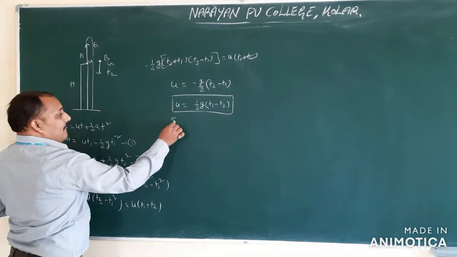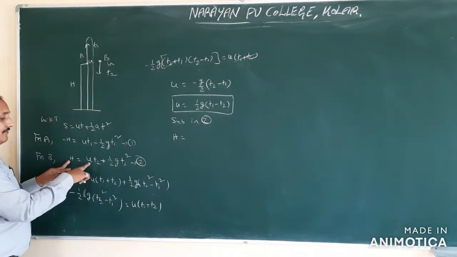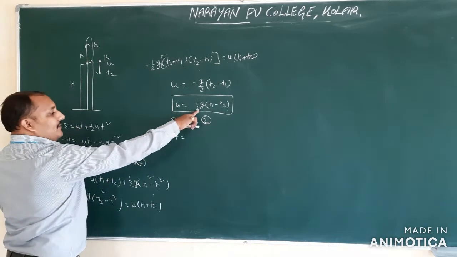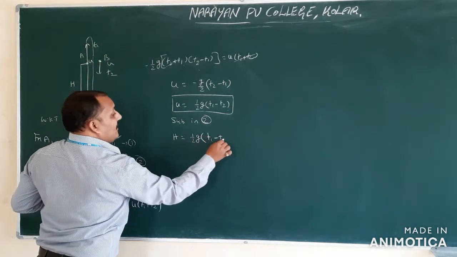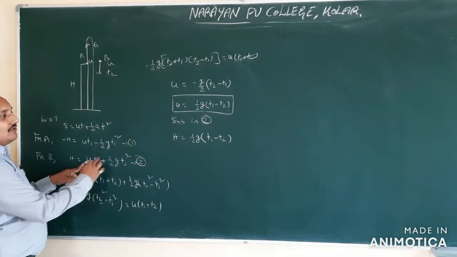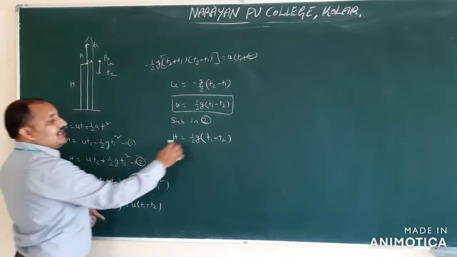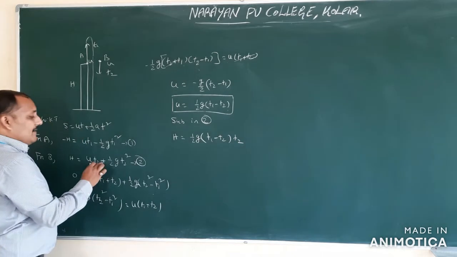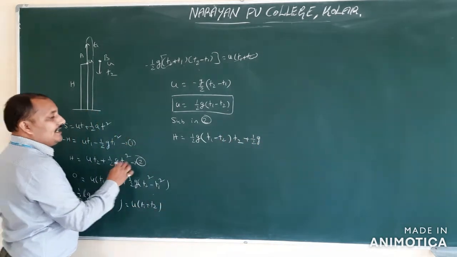So substitute this one in equation number 2, and h is equal to u value, which we have right now, half g (T1 minus T2), this is u value. Now next we have to write T2 into T2 plus half g T2 square.